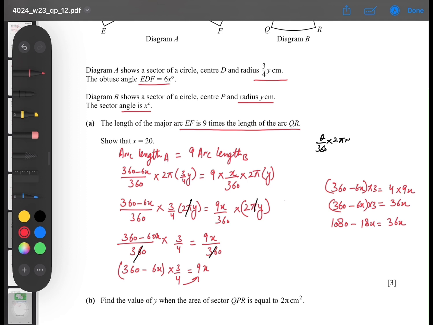I'll gather the like terms, so it will be 1080 is equal to 36x plus 18x. So this is 54x is equal to 1080, and I'll get x is equal to 1080 divided by 54. So x is equal to 20. This is the answer.